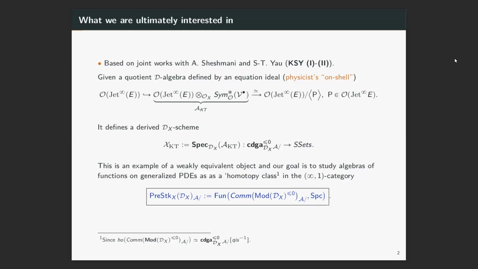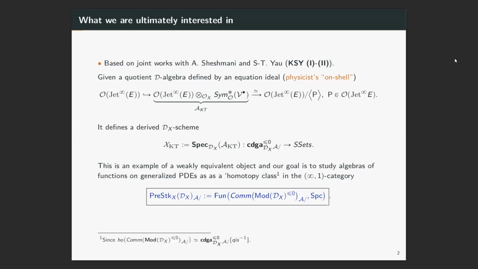So what we're ultimately interested in, we're going to have a little bit of a recap of what happened last time and then show the derived objects. Essentially speaking, we are always going to be taking quotient algebras in this ambient jet bundle. And jets of E here means we're taking jets of sections of E, which is some space, some sheaf, some vector bundle.